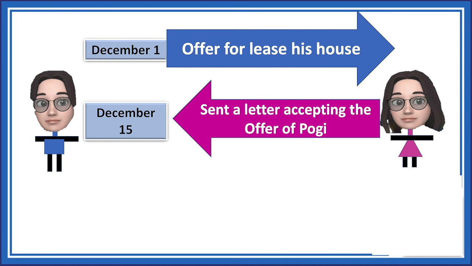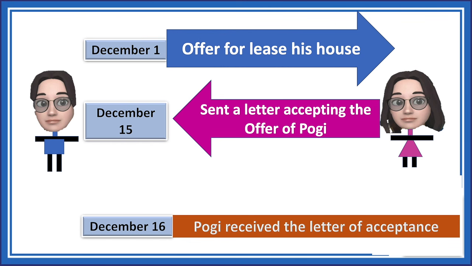So, her acceptance is complete and absolute. But this letter of acceptance of Ganda was received by Pogi on the following day, December 16, 2020. But here is the important data.